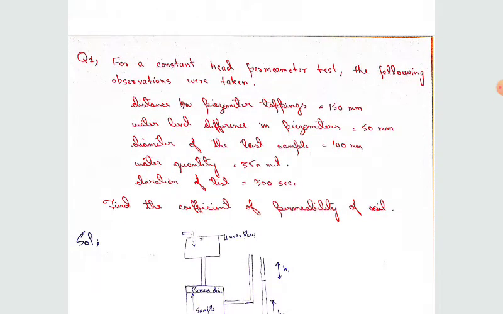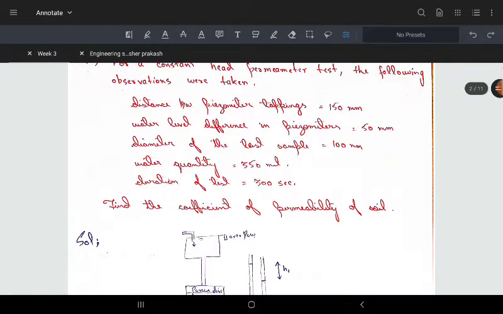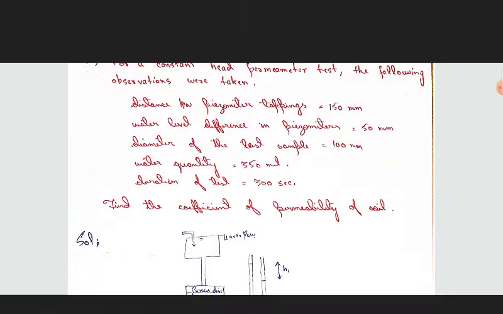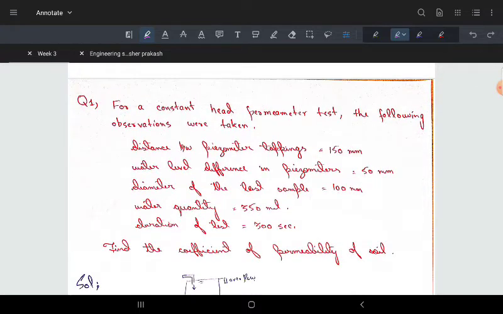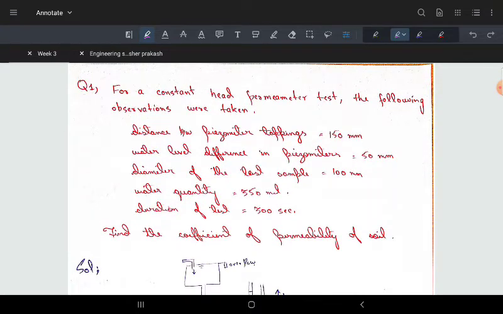So the first question is based on the permeability test. As we know, the permeability test consists of two types.